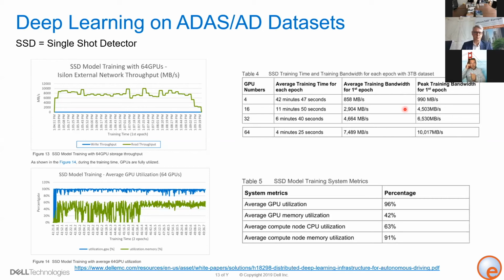And we've demonstrated that we've been able to reach 4 minutes for a full training process of these deep learning networks. And we've also shown to scale linearly from 4 to 64 GPUs by utilizing the GPUs up to 96% on average. From my perspective, this is a great value on real automotive or ADAS and AD focused data sets.